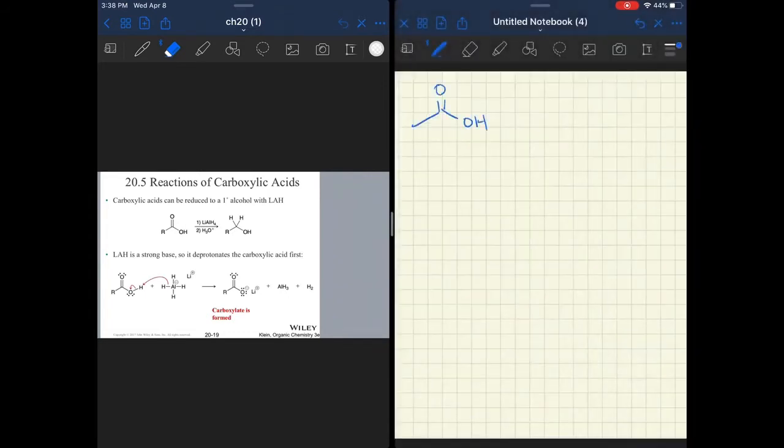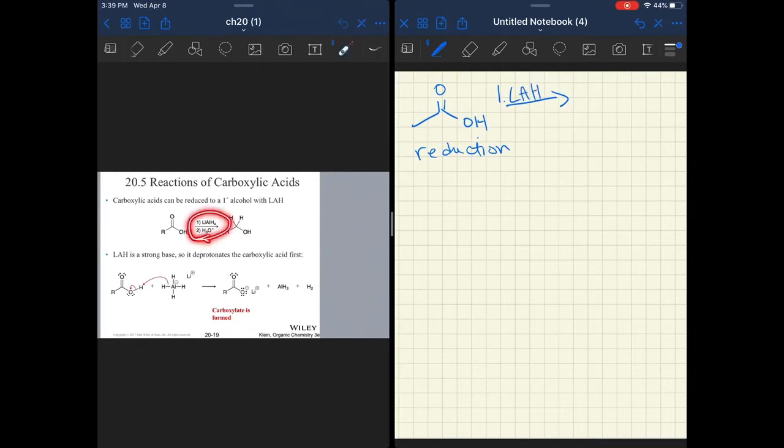we will see a few more reactions with carboxylic acids beyond this section, but we do want to review a couple of things. The only reduction that we have that is strong enough for the carboxylic acid is lithium aluminum hydride, LAH. You may also see it written as LiAlH4.